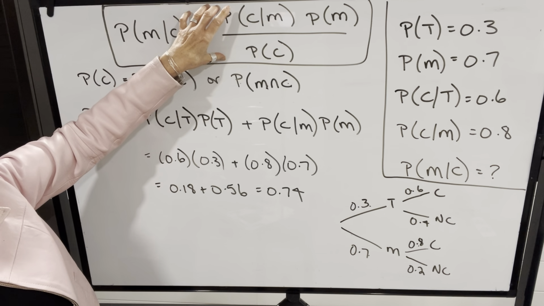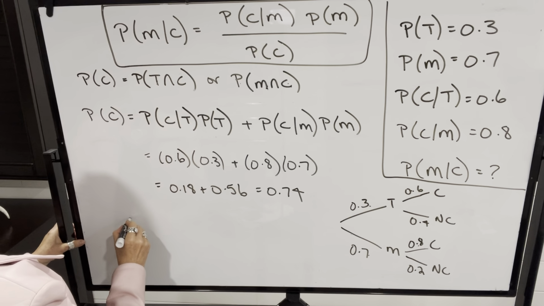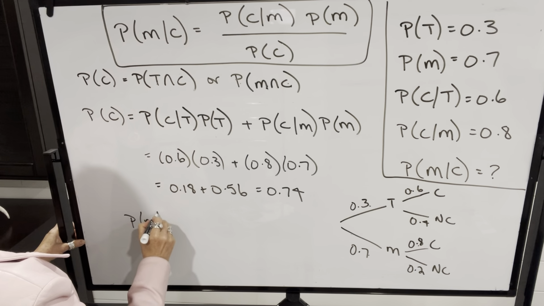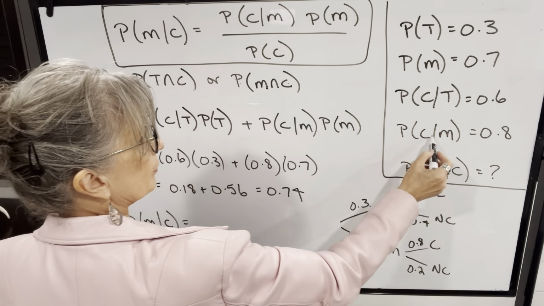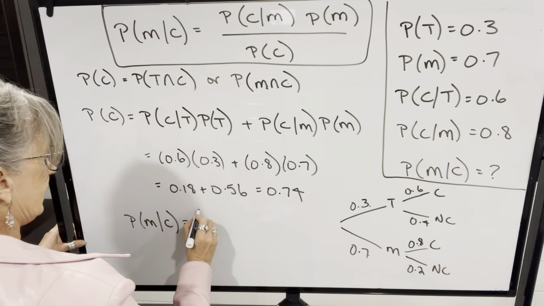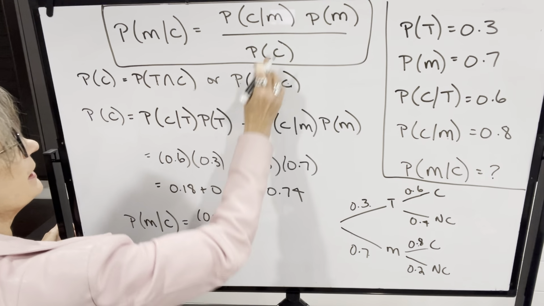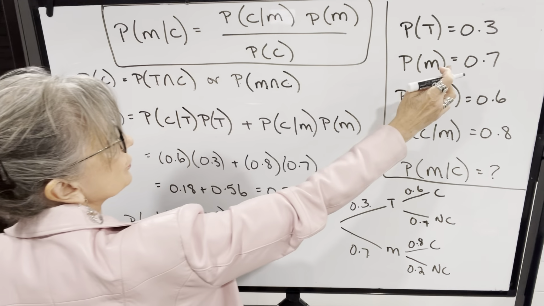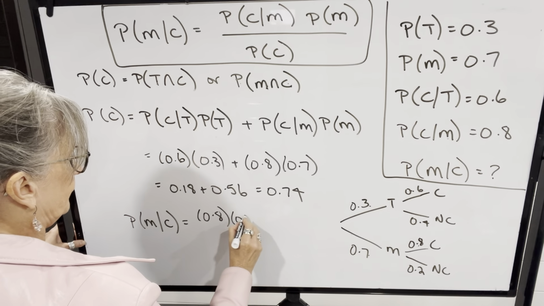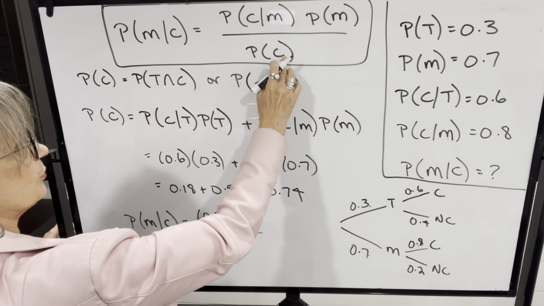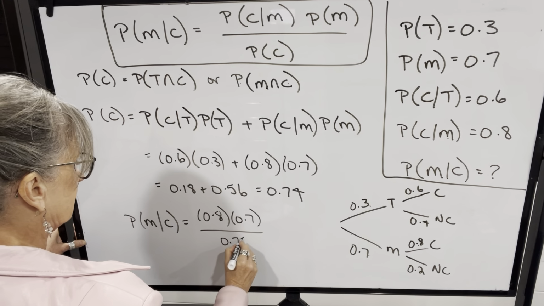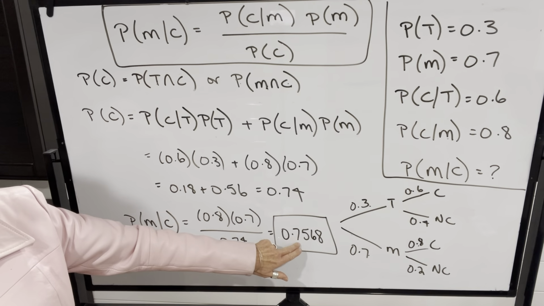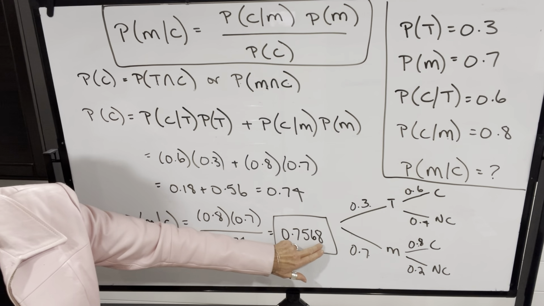Now we can complete the question. The probability of it being multiple choice, given that Sam got it correct, will be the probability of it being correct given that it's multiple choice, which is 0.8, times the probability of it being multiple choice, which is 0.7, divided by the probability of it being correct, which is 0.74, and we get an answer of 0.7568.